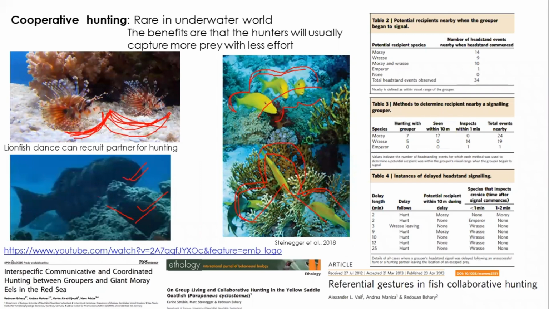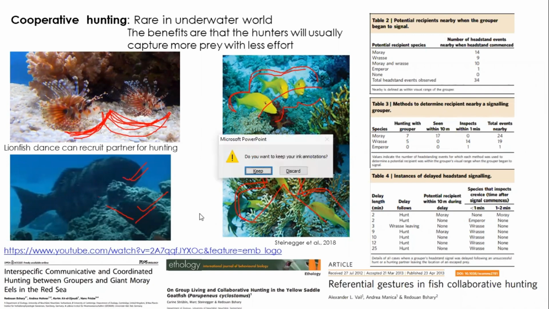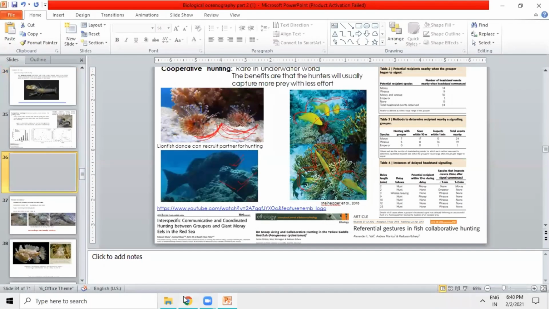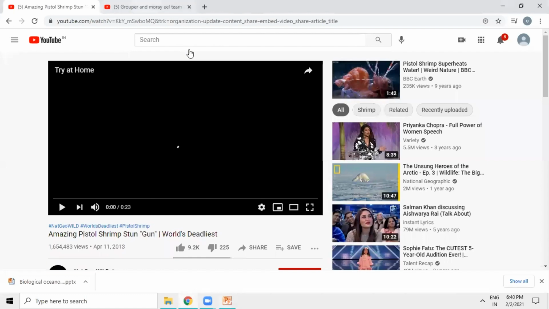In this case, what is the benefit for the grouper, and what is the benefit for the eels? Groupers will be on top of the water column and will shade the light from the eels. When the prey comes to the eel, the eel will attack.